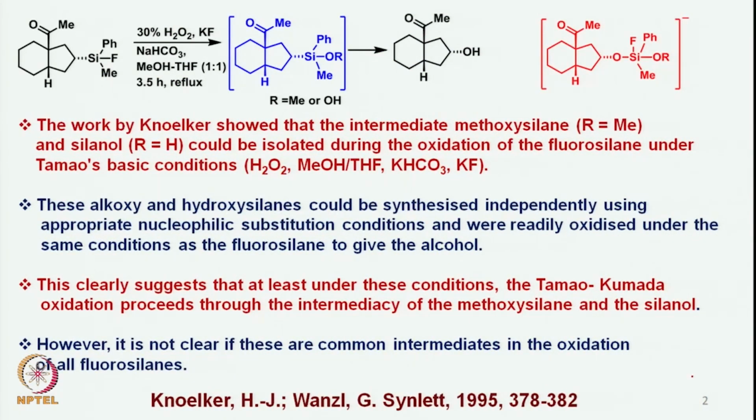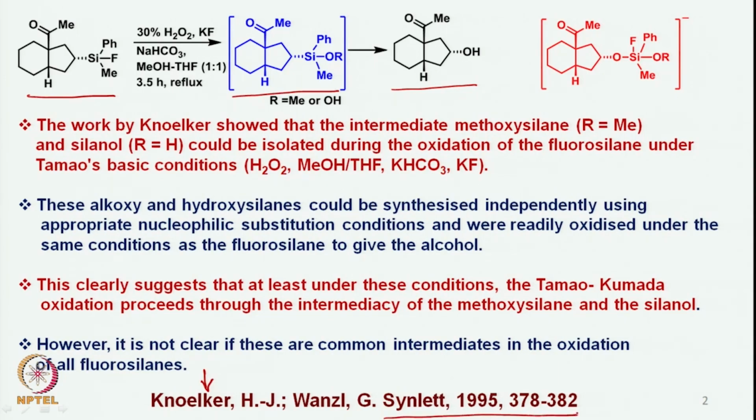Now, one more example that I had shown last time was this molecule containing a silicon group and a fluoride at this position, and I showed that it forms a corresponding hydroxy group with the intermediacy of this kind, which essentially was shown by Knölker, a German scientist, whose reference I have given here in Synlett 1995.